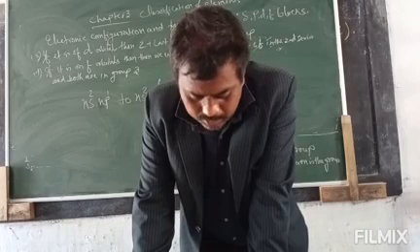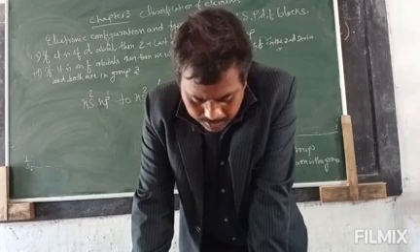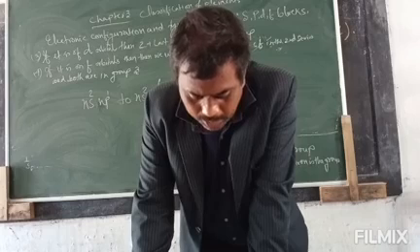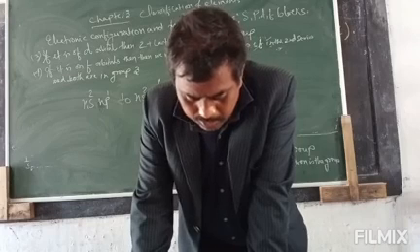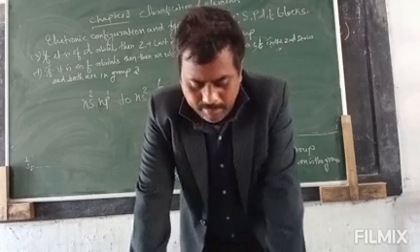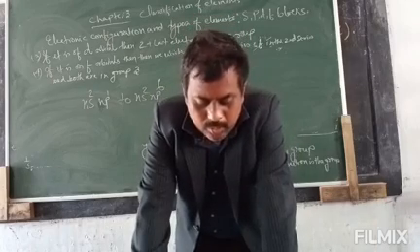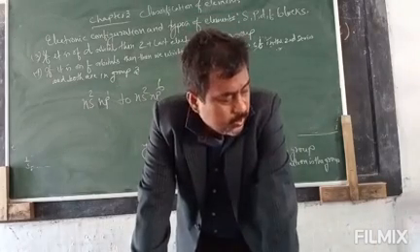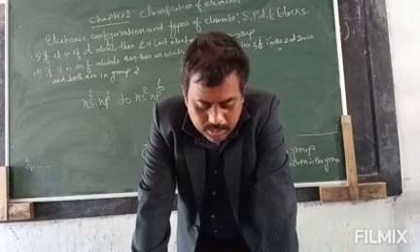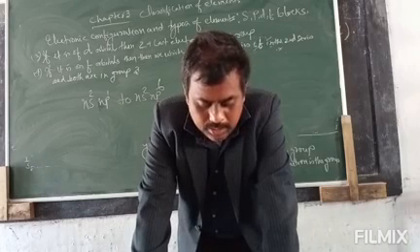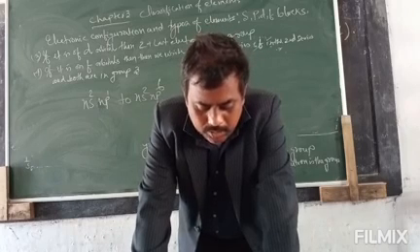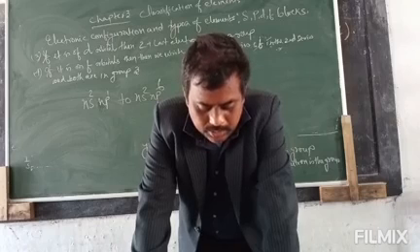These two groups, 17 and 16, have highly negative electron gain enthalpy, and readily add one or two electrons to attain the stable noble gas electronic configuration, and they are almost non-metallic in character.